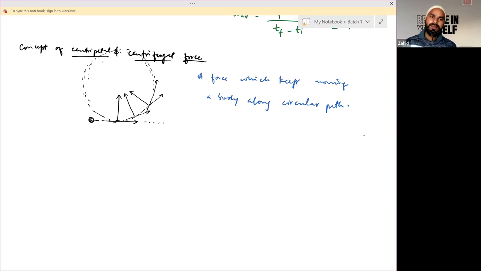Yes, sir. So due to inertia of direction, at each instant there will be a pseudo force which acts on that particular object to move it away from that circular path. That pseudo force is termed as centrifugal force. Is it clear?